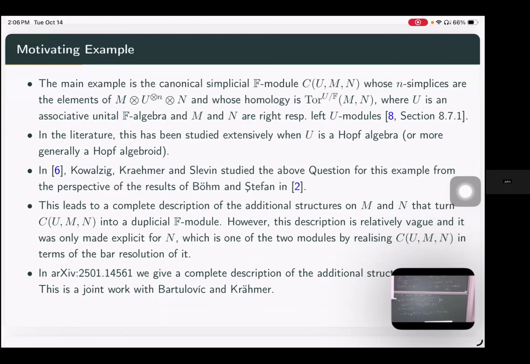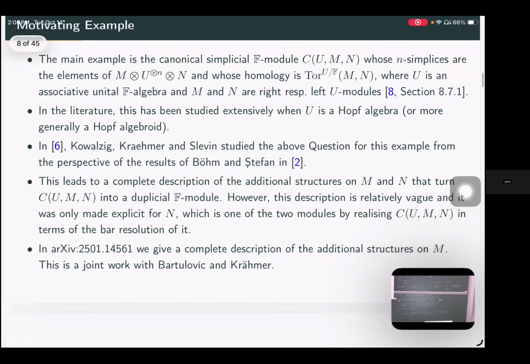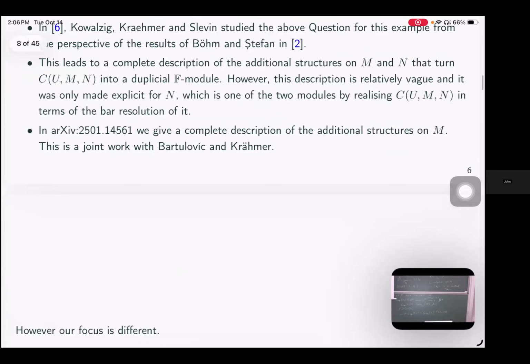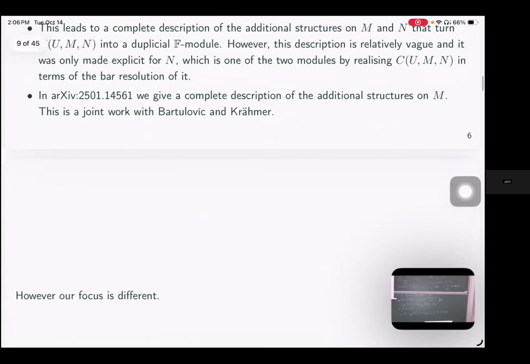They couldn't give an explicit description for the coefficient M, and in this paper which we have on the arXiv, which is actually a joint work with Ulrich Krähmer and Bartulovic, we were able to give a complete description of the additional structures on M.